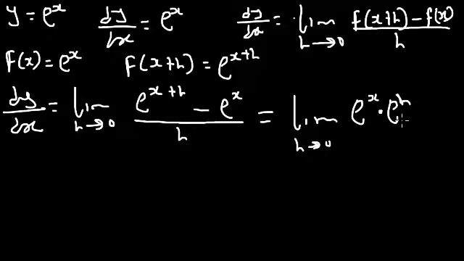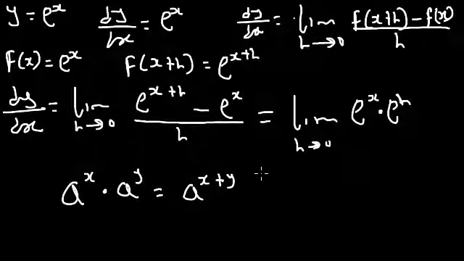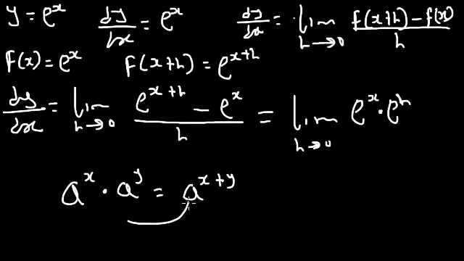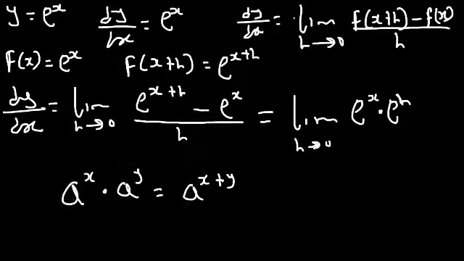I would like to clarify that for those who might be wondering how. In indices, you agree that a to the power of x multiplied by a to the power of y is equal to a to the power of x plus y. One thing about the law of indices is that if this is what you have, you can turn it into this, and if this is what you have, it is equal to this. Perfect.